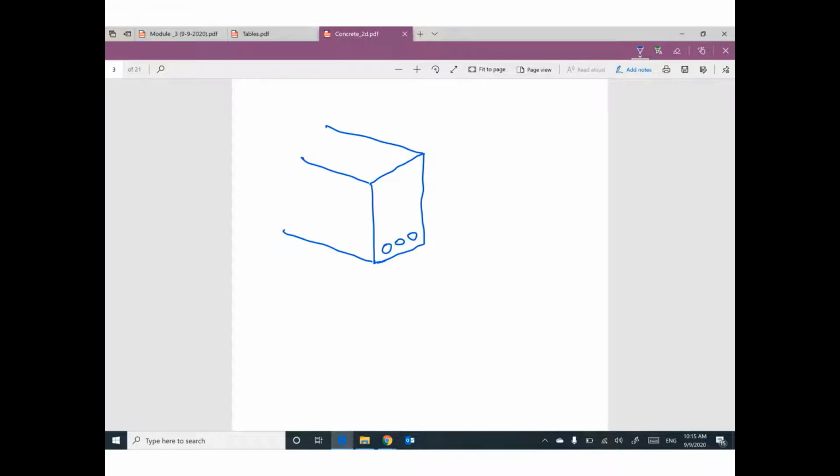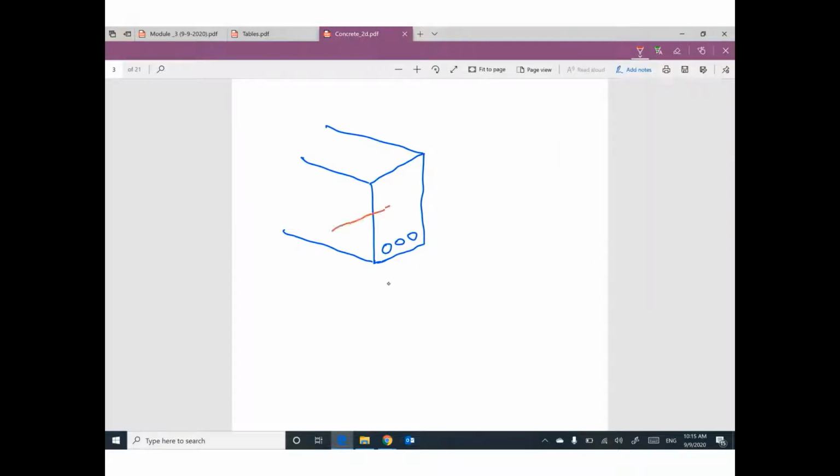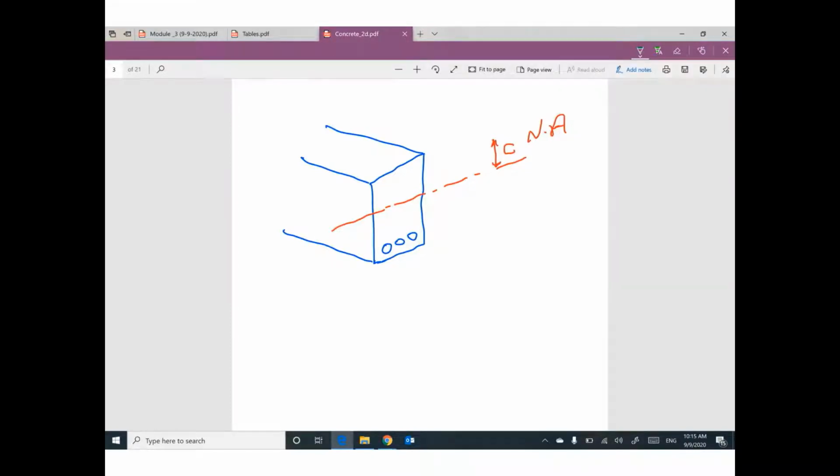Between one side and the other side, we have something called the neutral axis. This neutral axis is at a depth equal to c. On the upper part, we have compression, but this compression block did not reach the neutral axis, a little bit behind.